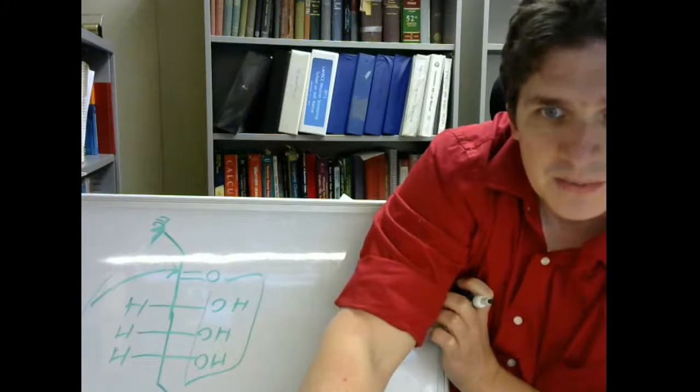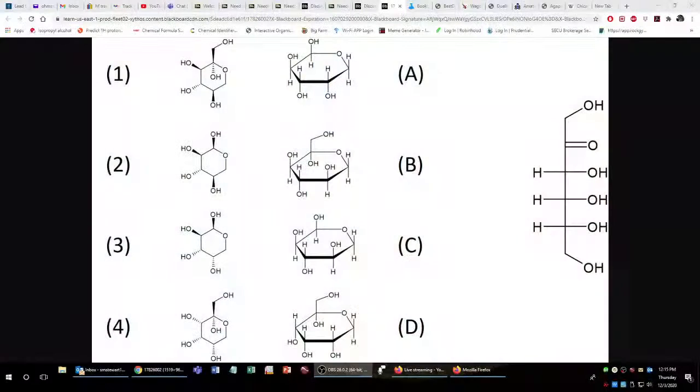So I'm going to share my desktop with you here for just a minute. There's only one of these that has all the OHs on the same side, and this is group D. Now, this CH2OH group here can be above or below because we're going to form an OH group with this oxygen from the carbonyl.